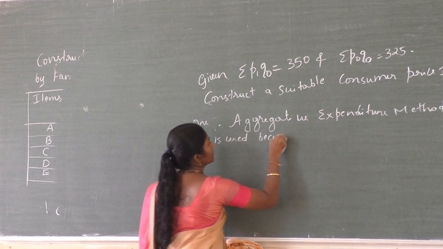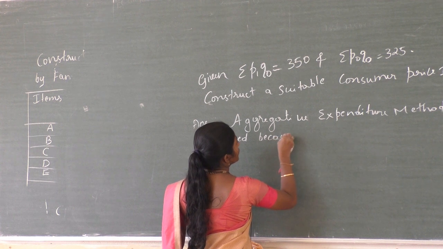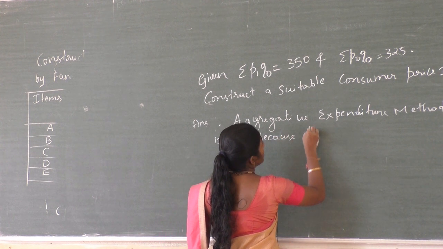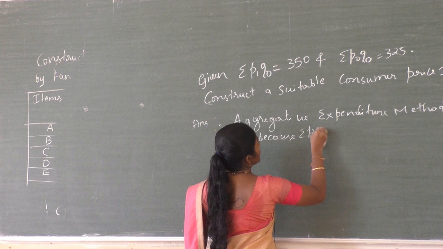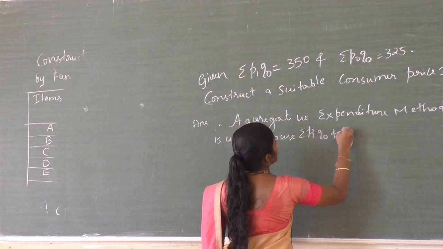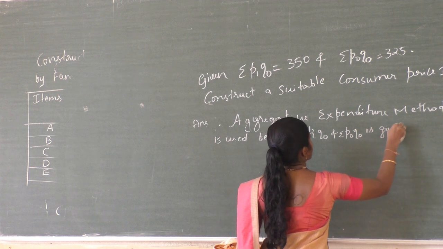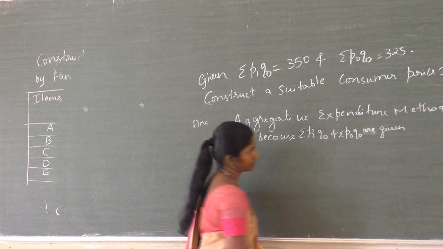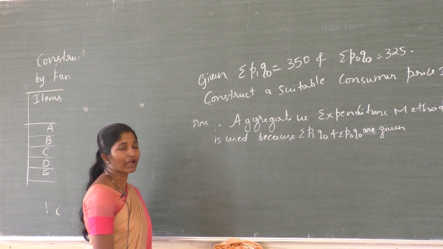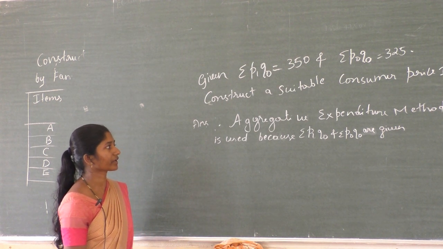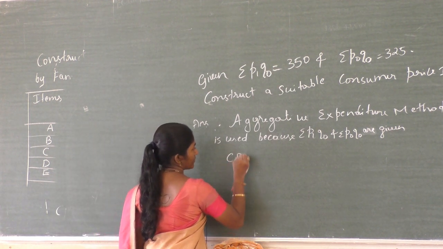Because P1 Q0 and P0 Q0 are given. These are the two values given. Therefore, we are using the aggregative expenditure method.